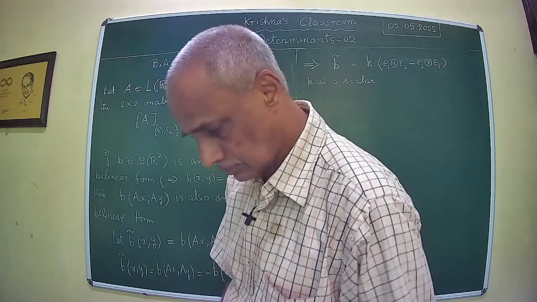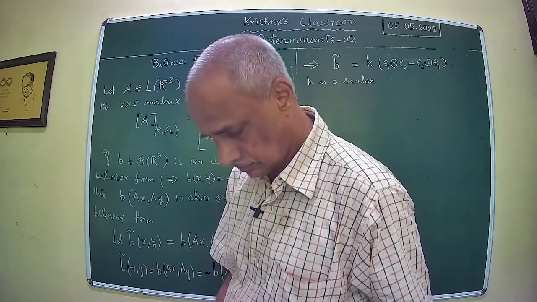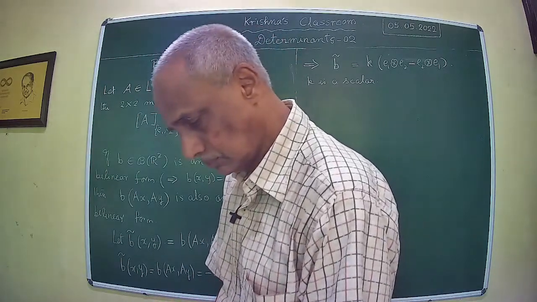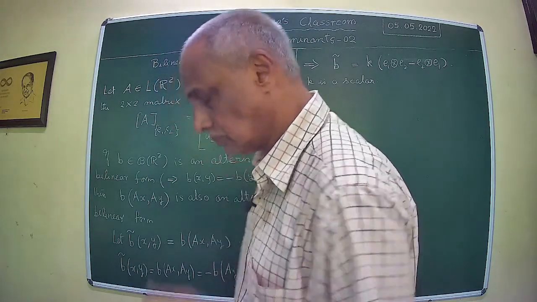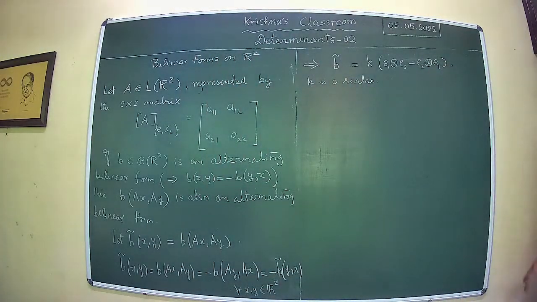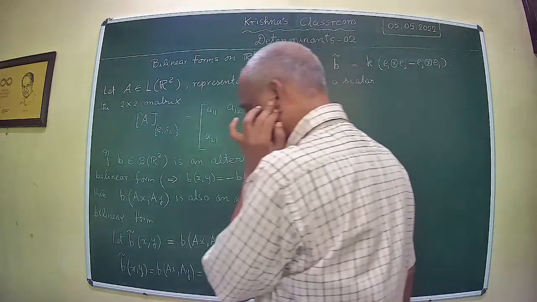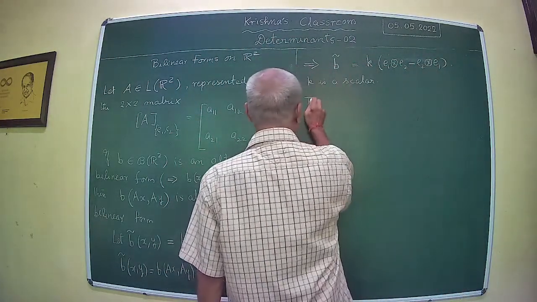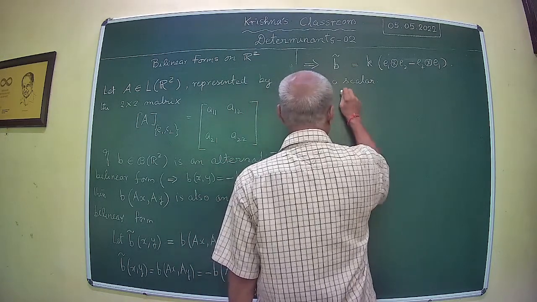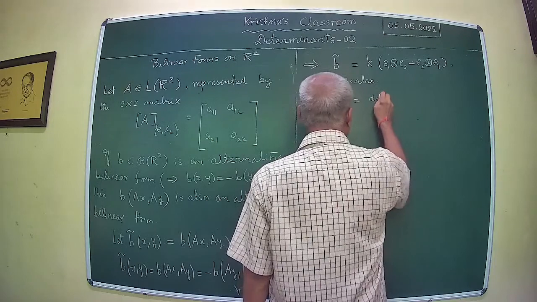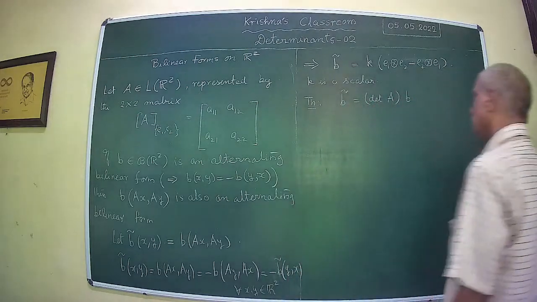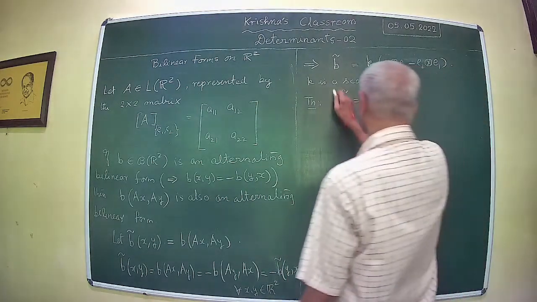Okay. Now we want to show that actually B tilde is equal to determinant of A times B. So here, that's the main result that we want to do.